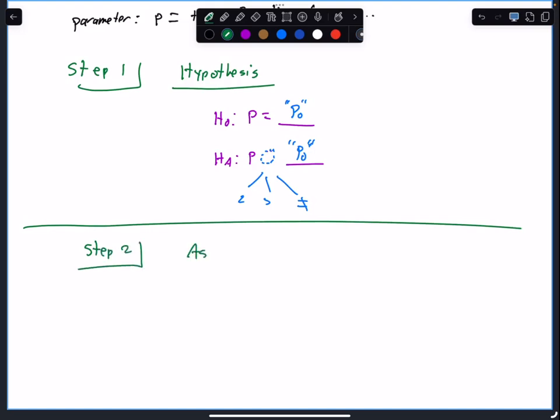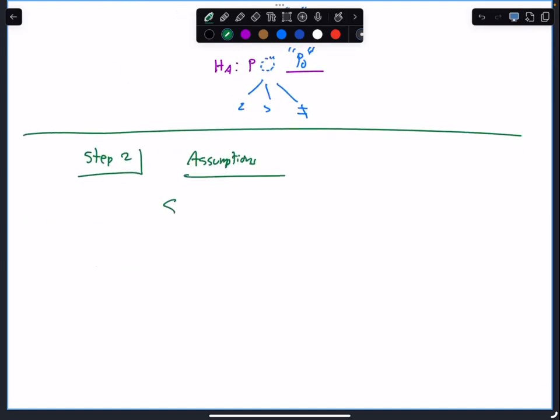Step 2 is the assumptions check. This is also what we covered yesterday. This is in the assumptions where we do SIN. We want to make sure that the sample is random. We want to make sure that the sample has independence, or that N is less than 10% of the population.